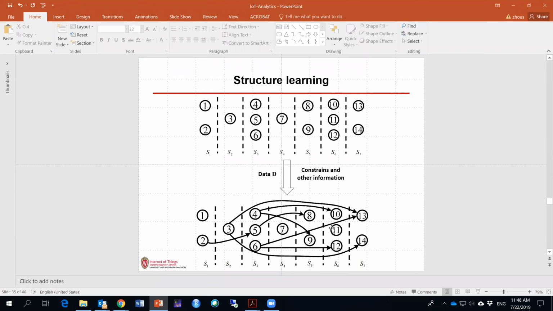So we will not have an edge pointing backward. You can see clearly this is a special case of the general graphical model. In a general graphical model any two nodes could have an edge, but here the edge can only point from previous stage nodes to later stage nodes.